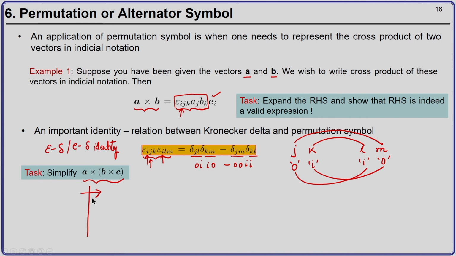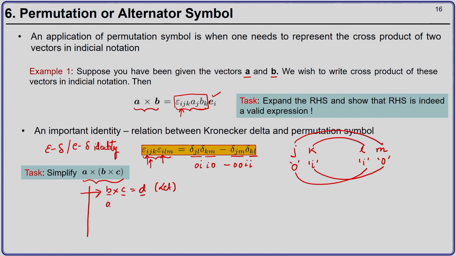Why we would like to do this is because we want to practice our indicial notation. So, let us start. First we notice that B cross C is also a vector D. So, let B cross C be a vector D.